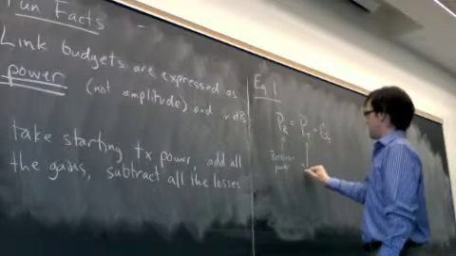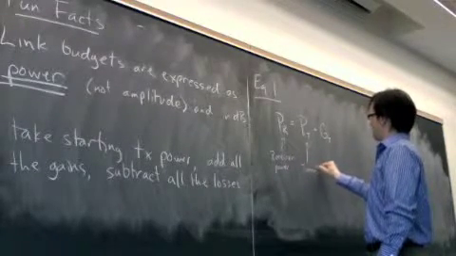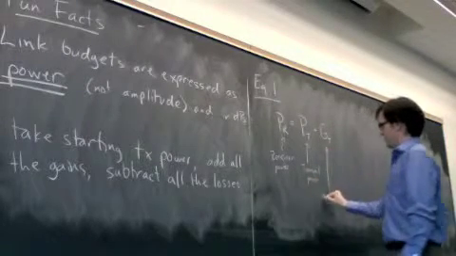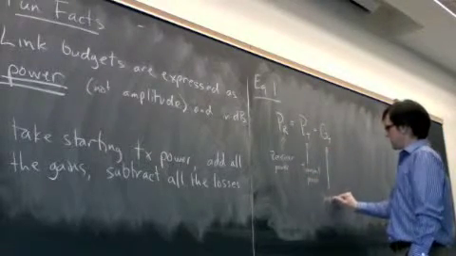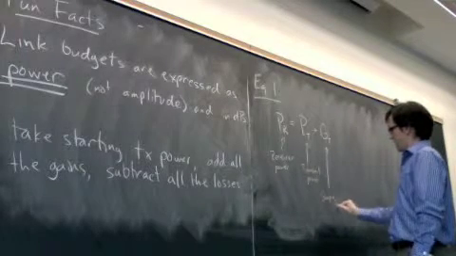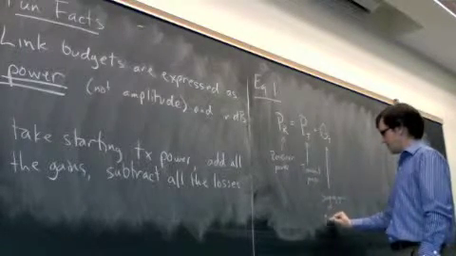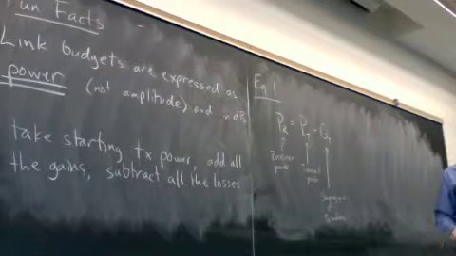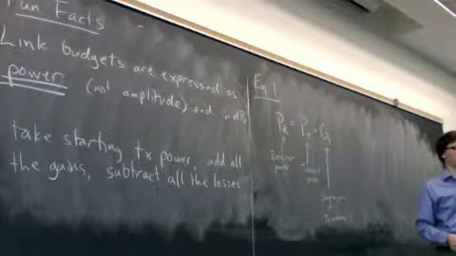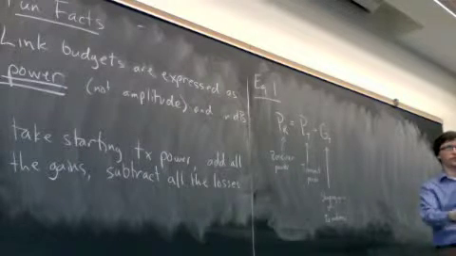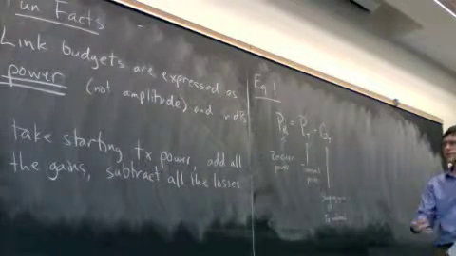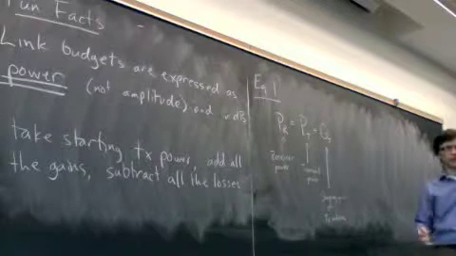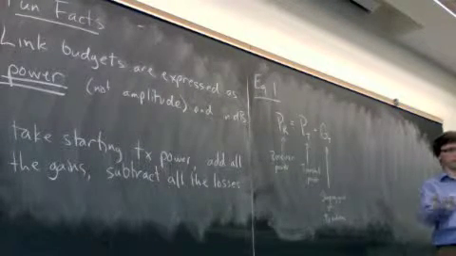This is transmit power. This is the shaping gain of the transmit antenna. So this is 0 if the transmit antenna is what's called isotropic. In other words, it's radiating in all directions the same way. And it's positive if the transmit antenna is focusing its energy on you.